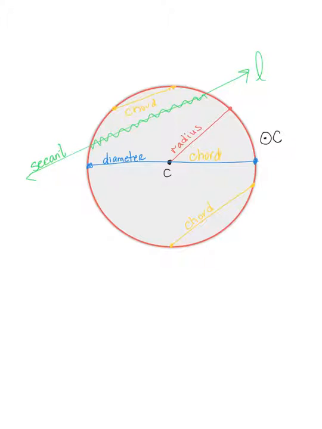We also said that if we have a line in which all points are on the exterior of the circle, but one point intersects the circle, we have a tangent line. And that point of intersection is called the point of tangency.